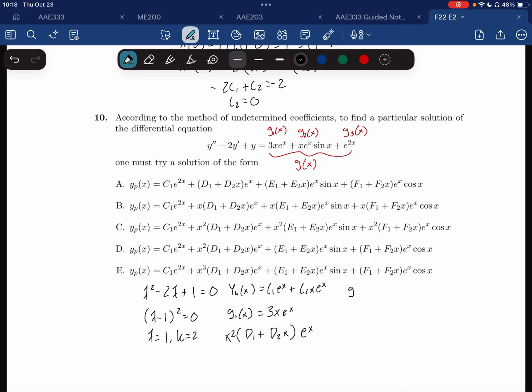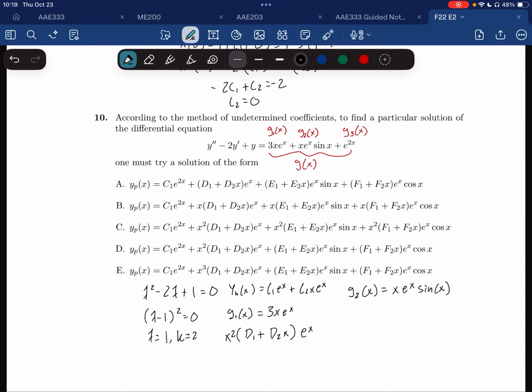Now let's look at G2. Here you have a lot of things going on. You have a polynomial of degree 1, you have an exponent, and you have sines and cosines. So we're just going to have to break it up.